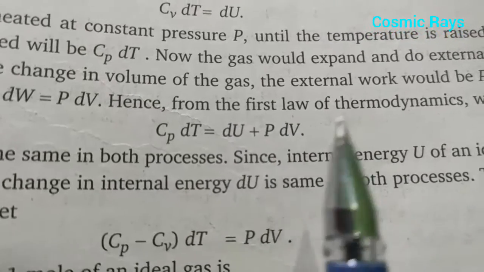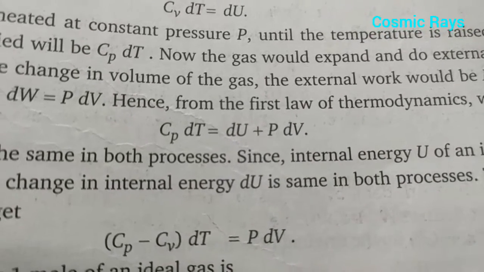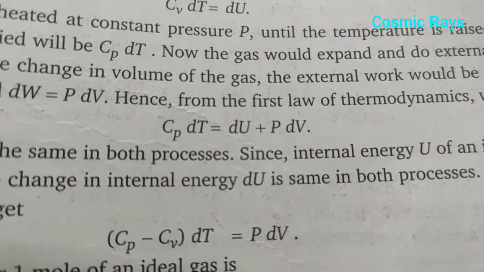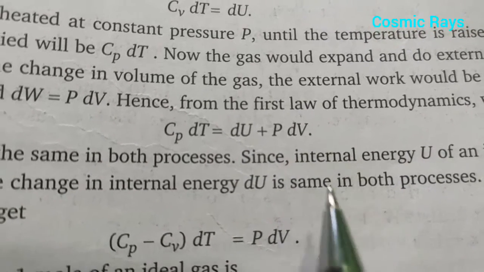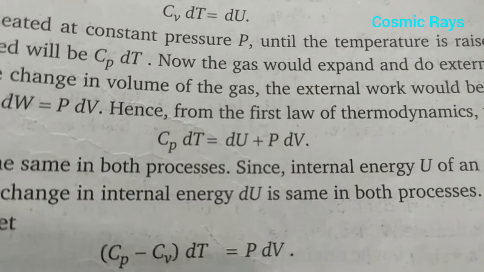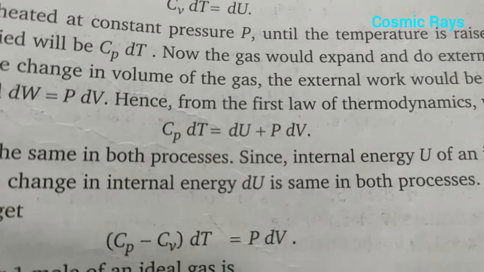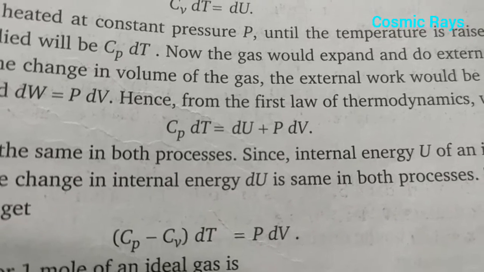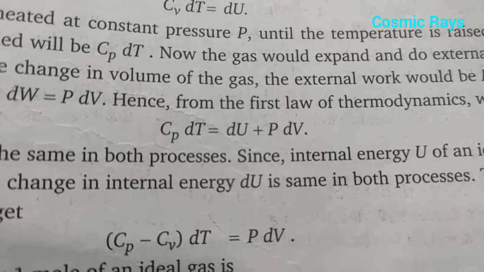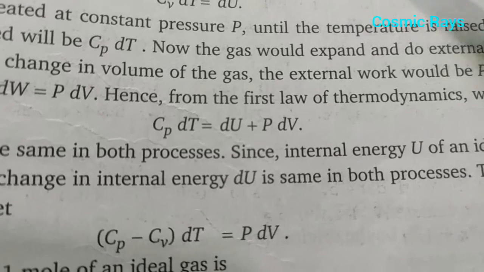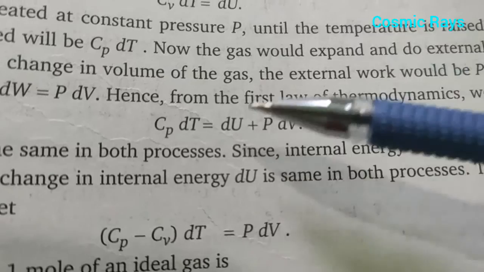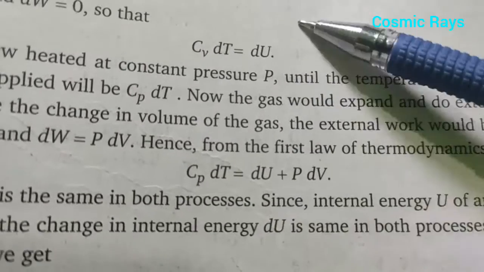Now the temperature change is the same in both processes, at constant volume and at constant pressure. The internal energy depends on the temperature, so in the previous case and in this case, the change in internal energy du is the same for both.